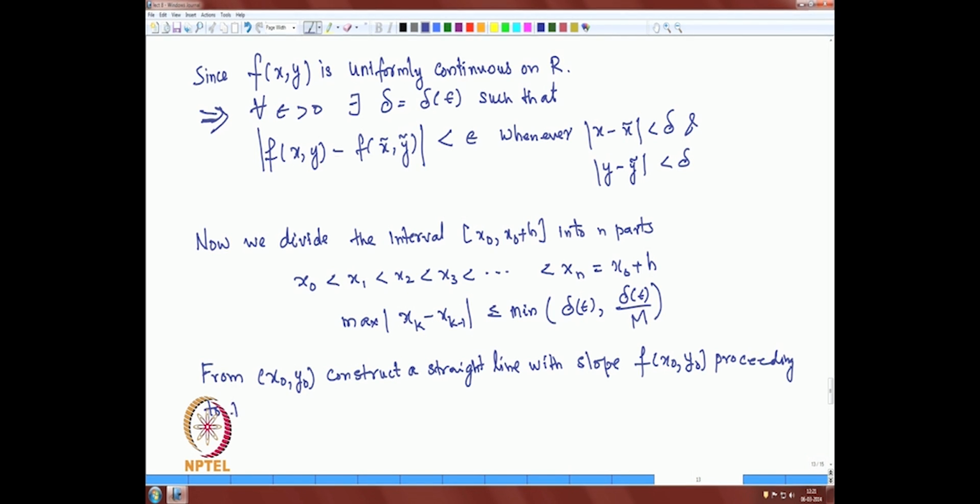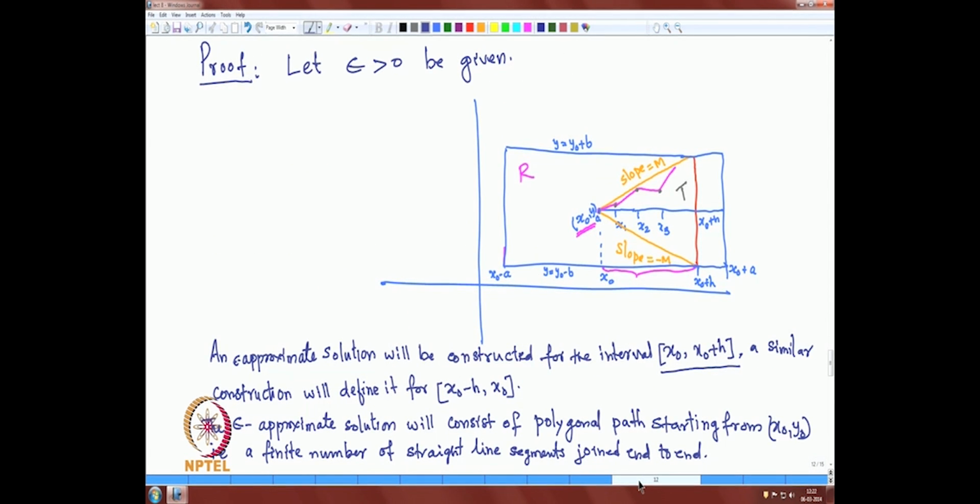So, you construct a straight line with slope f(x0, y0), proceeding to the right of x0 until it intersects the line x equals x1. So, what we do is we start from the point x0, y0, and with slope f(x0, y0) draw a straight line, let it touch the line x equals x1 at this point.